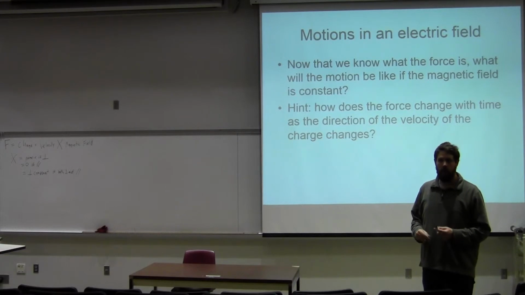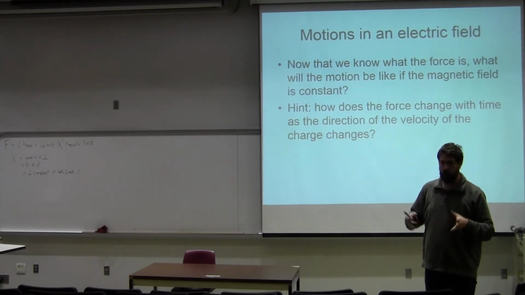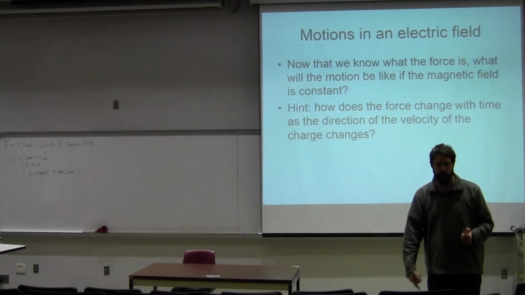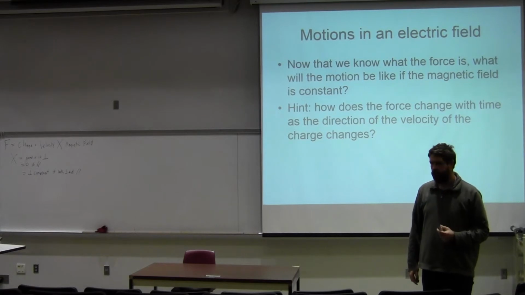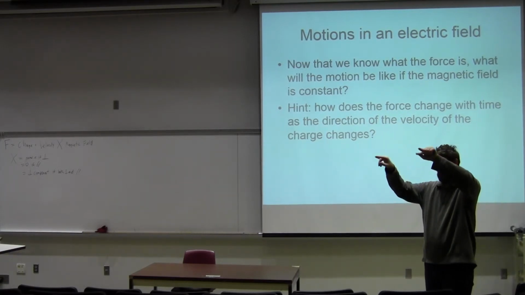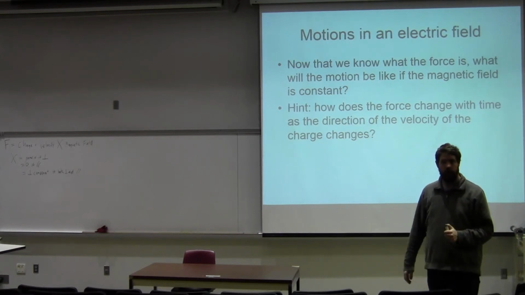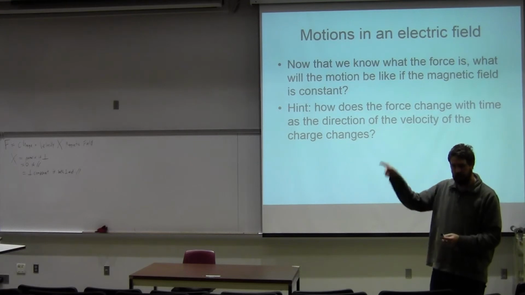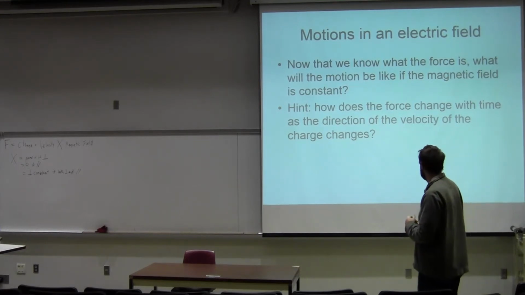So charges that get thrown above the surface of the sun, but not enough to escape, circle around the magnetic field lines on their way back down to the surface of the sun. And that's why we get the prominences you see on the sun. Those are charges going back down to the surface of the sun along the magnetic field lines. That's why they make a loop, because the magnetic fields are a loop.